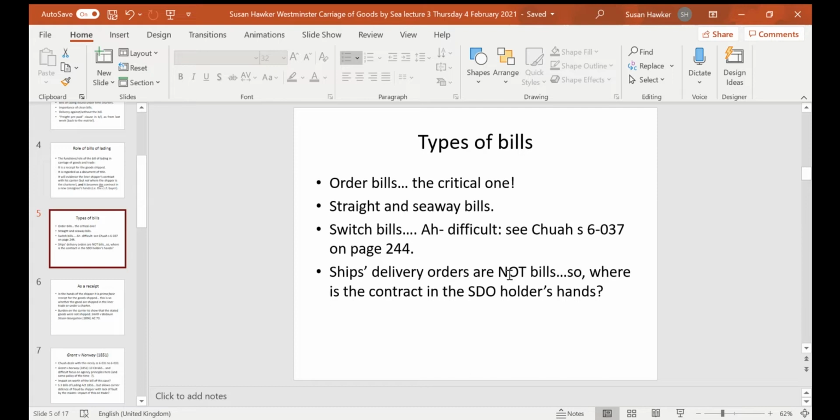They're not document of title type documents. They don't stand in the shoes of the goods. They can't be pledged with a bank for security. And they haven't got terms and conditions on. So if you're the lawful holder of a ship's delivery order, where is your contract? Judicial discussion and academic debate have pointed us back to the bill under which the goods were shipped, which makes sense, because the consignee will know from where the goods were shipped, so he knows what carriage regime will apply.